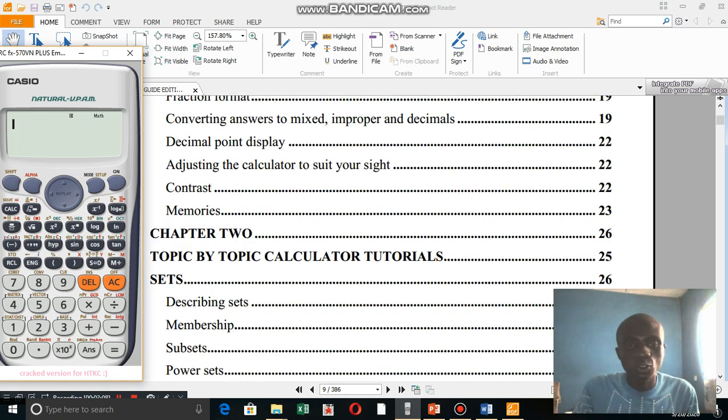They are all under the introduction to the FX-991ES calculator.